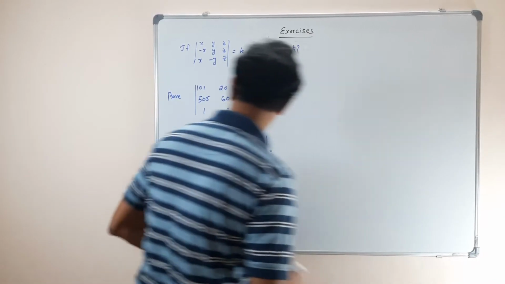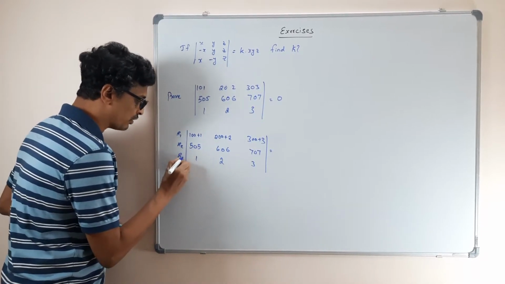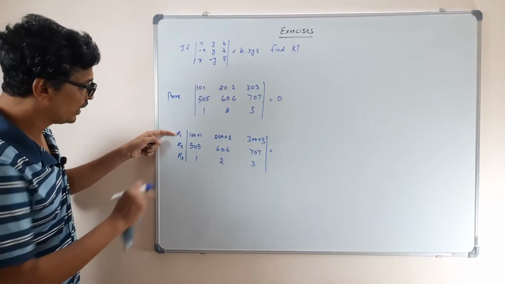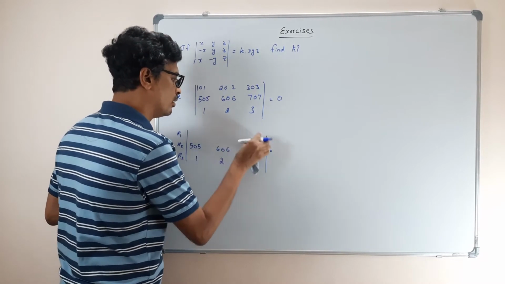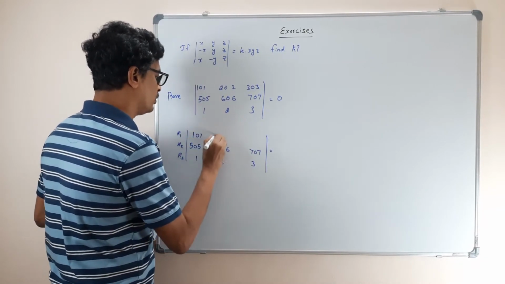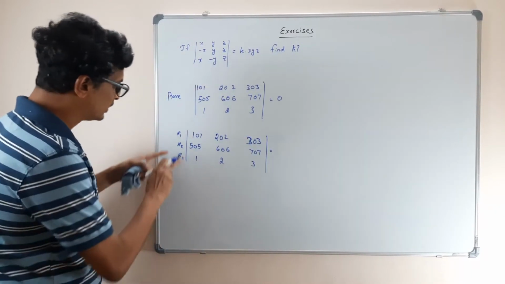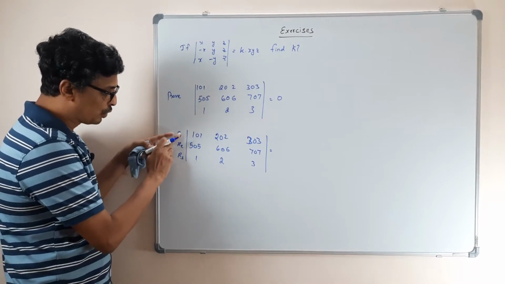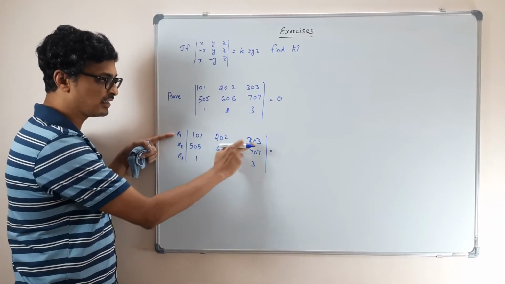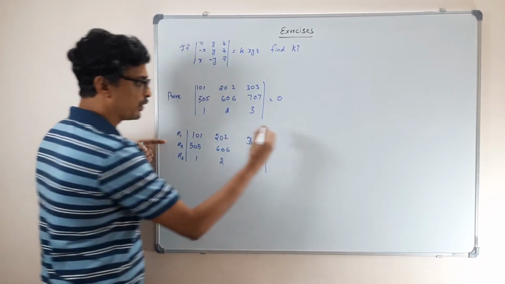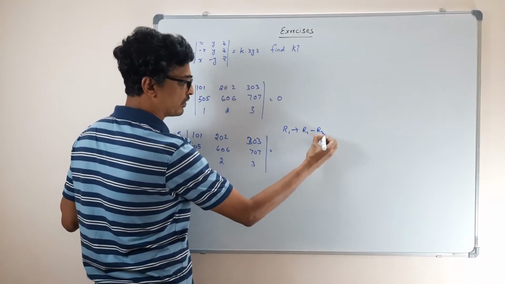This is your row 1, row 2, row 3, with row 1 being 101, 202, 303. What they did is, if I subtract row 3 from row 1, what happens? This becomes 100, 200 and 300. So row 1 I will replace with row 1 minus row 3.